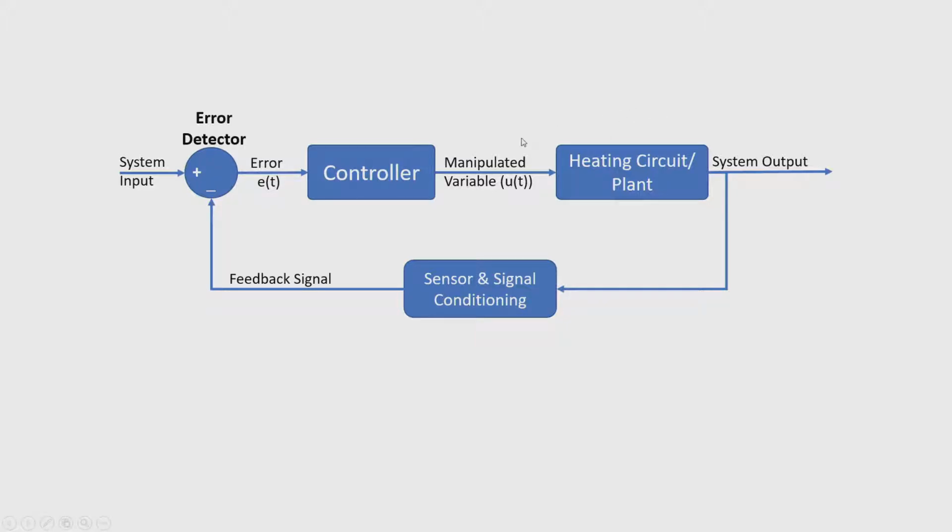As a result, we require a triggering circuit or driver circuit which takes the input from the controller and takes the power directly from the power supply, and allows the plant to heat to a certain temperature.